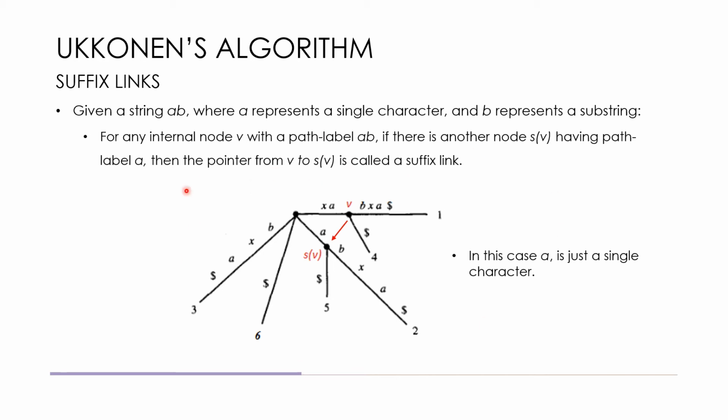So in this particular case, we have this node v pointing to s(v), and this link is called a suffix link. And in this particular case, a is just a single character.